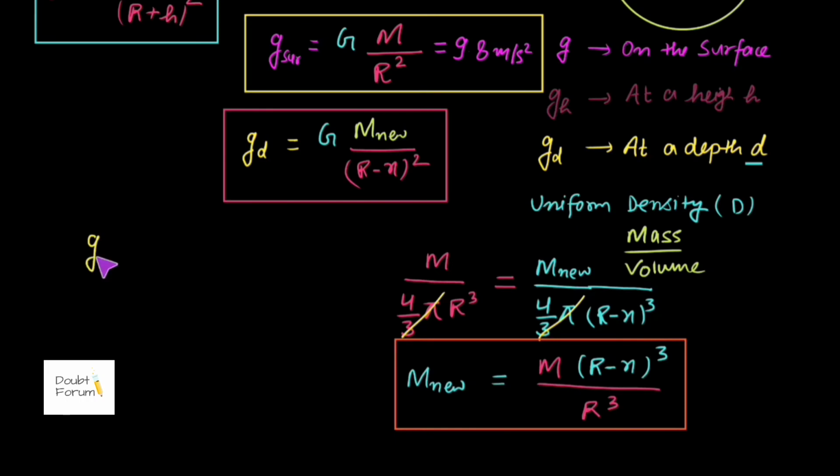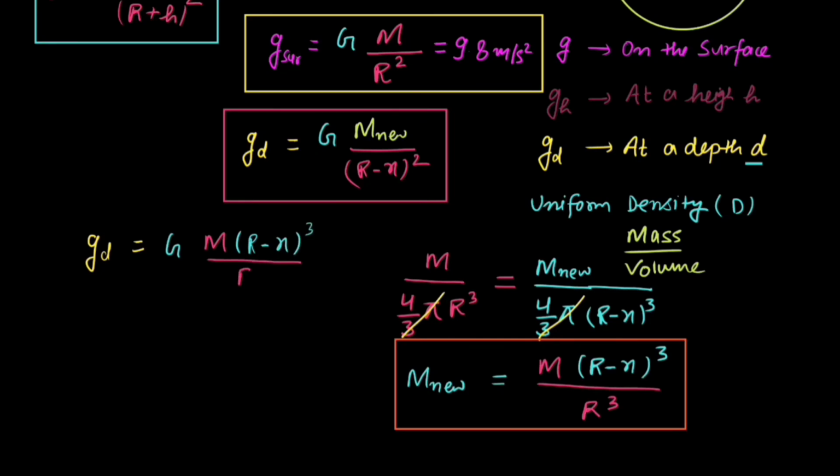So gd is equal to capital G, which remains constant everywhere, and in place of this m nu, I will write this equation, capital M into r minus x whole cube divided by r cube. This is the value of m nu.